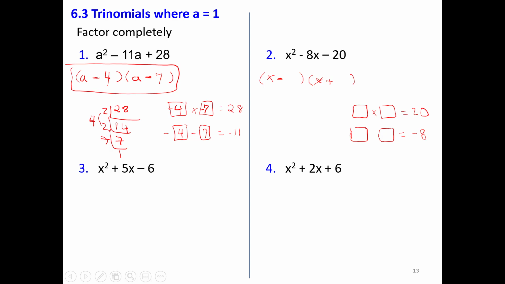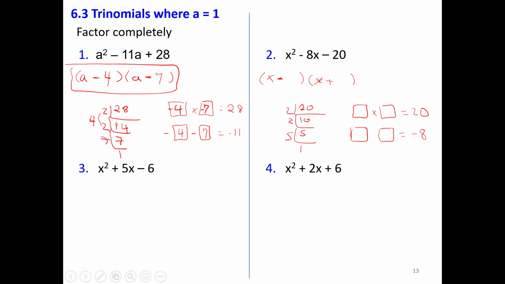If you know the numbers, just write them. But the easy way is to find the prime factors for 20. 20 divided by 2 is 10, divided by 2 is 5, and 5 divided by 5 is 1. Then we can try, for example, 2 plus 2 is 4. We can try 4 and 5.